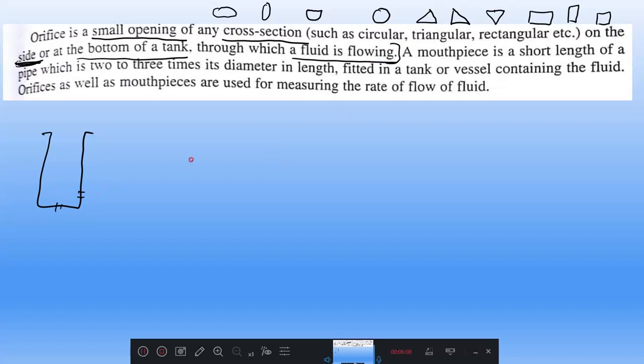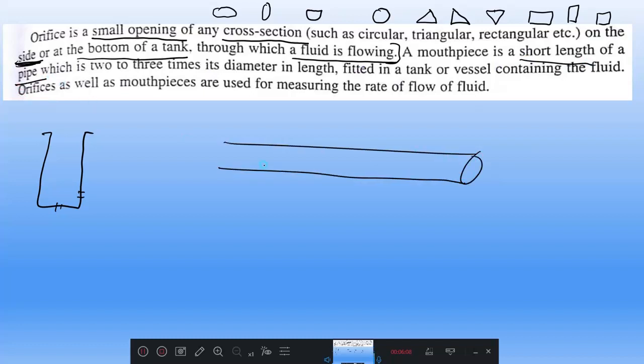Then what is a mouthpiece? Mouthpiece is a short length of a pipe. Short length means what? If this diameter is d, then we will take only 2 to 3 times the diameter in length, that is 2d or 3d. If you cut that pipe, you will get a small pipe. We'll put that small pipe into this tank and make it open.